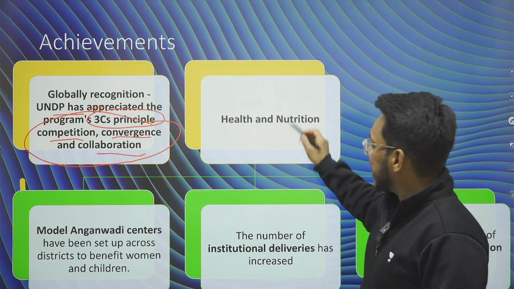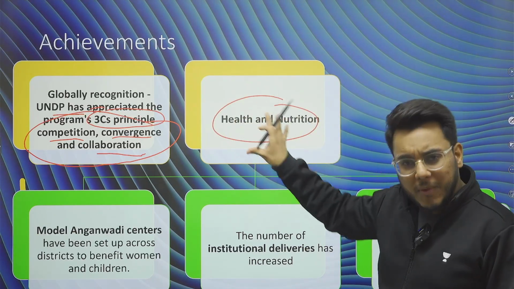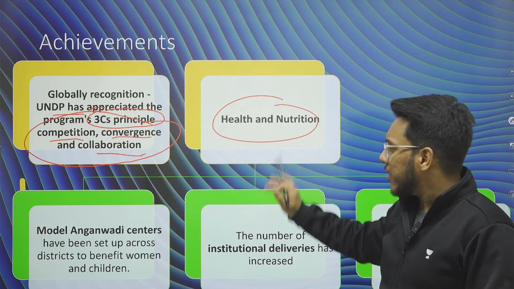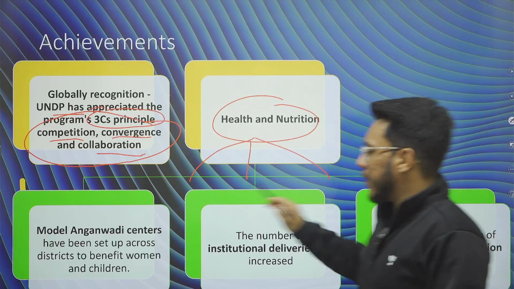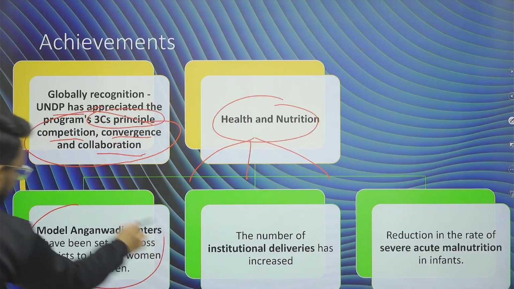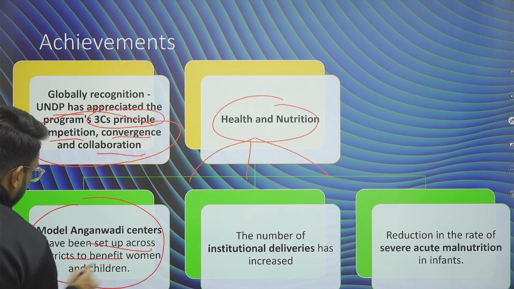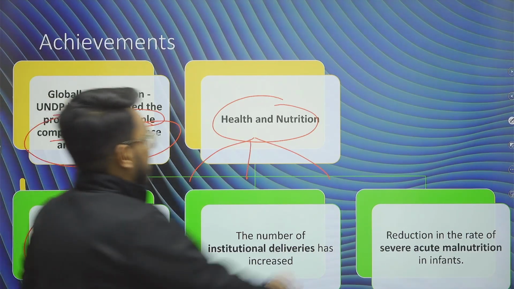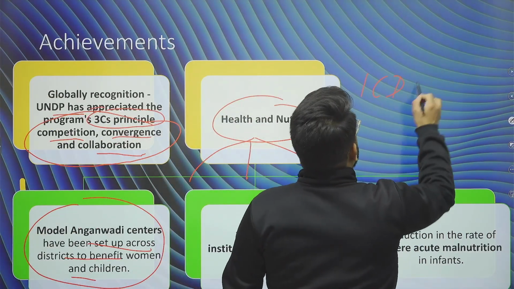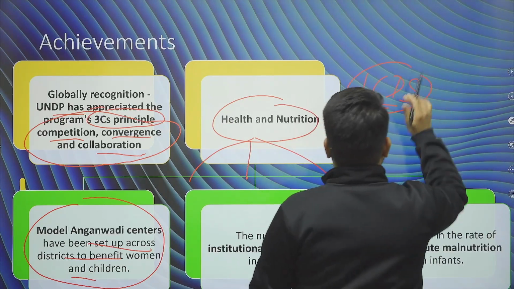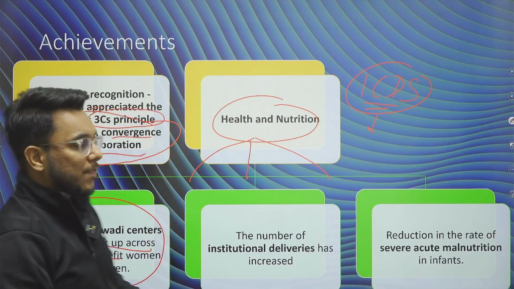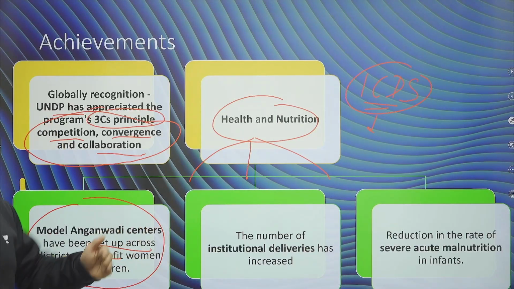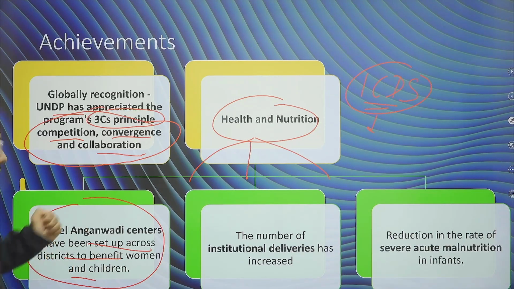Then next, on health and nutrition, some very good achievements have been made. For example, model Anganwadi centers have been established across the different programs. When we talk about one of our government flagship schemes, that is ICDS, Integrated Child Development Services, under ICDS six supplementary services are to be provided to children and mothers, children and women.